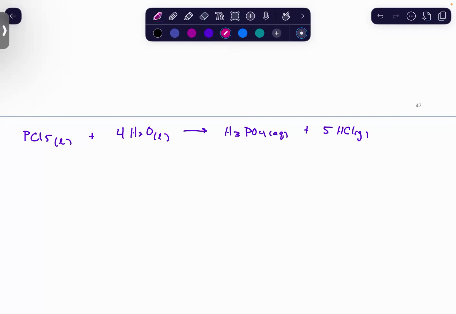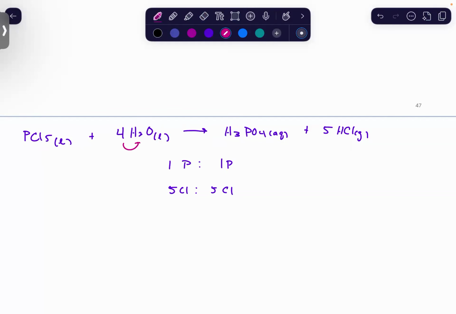All right, so let's count. 1 phosphorus to 1 phosphorus. That's good. Chlorides. 5 chlorides, 5 chlorides. Okay, that works.